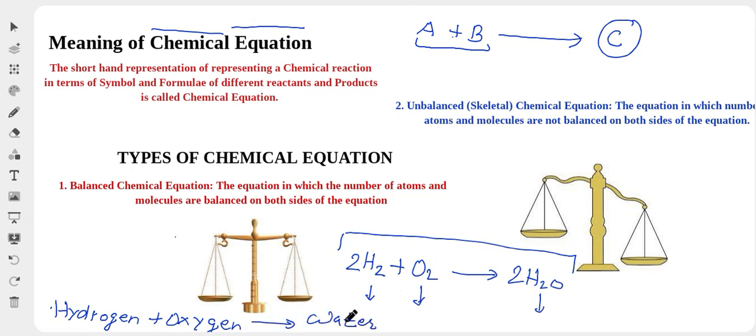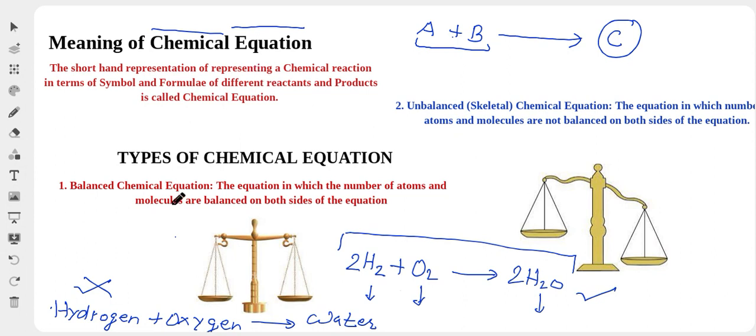Look at how much time this is consuming, and it is also taking a lot of space. So instead of going this way, I am going to go with the other way. This is called the chemical equation.